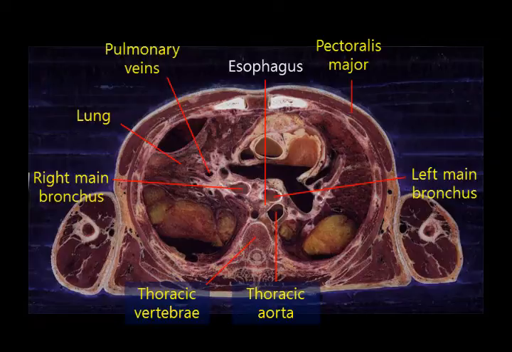A doctor should acknowledge the positional relationships formed between the systems. For example, the esophagus is located at the front of the thoracic vertebrae and behind the left bronchus. Knowing the position correctly is a must-know to diagnose and treat patients.